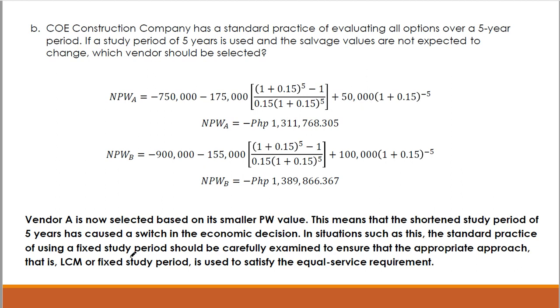So, in this case, vendor A is now selected based on its smaller present worth value. This means that the shortened study period of 5 years has caused a switch in the economic decision. So sa LCM approach kanina, vendor B ang mas mura, no? Pero dito sa study period, shorter yung analysis period natin, vendor A na yung pipiliin natin since cheaper siya.